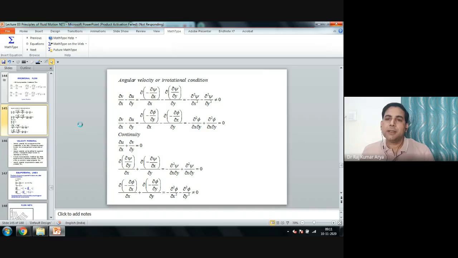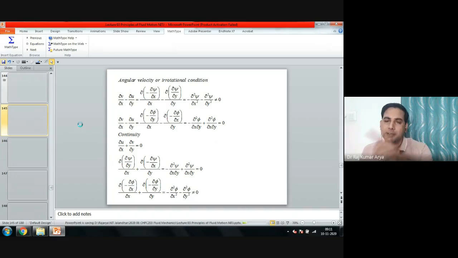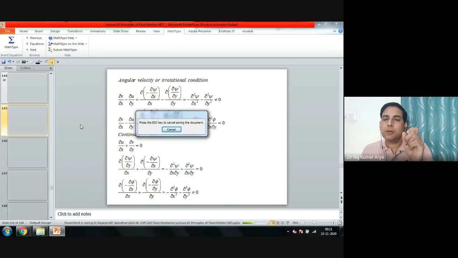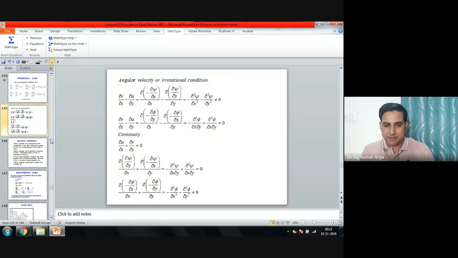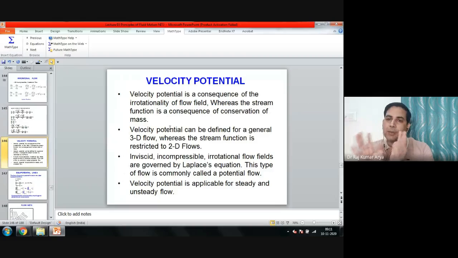In case of the stream function, those are coming from continuity. In case of velocity potential, those are coming from the irrotational flow condition. Both are the Laplace equation, where you will write a term del square psi. So that is the Laplace equation for a stream function. Same thing you can write for velocity potential. That will come from your irrotational flow condition.